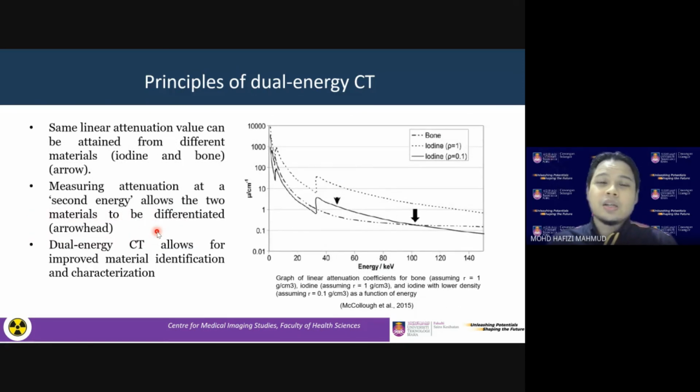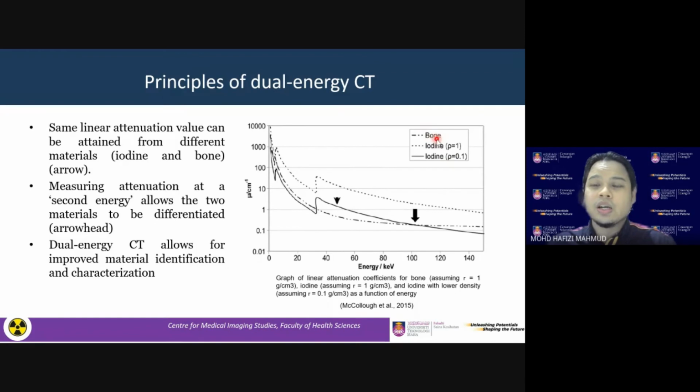This is the principle of dual energy CT, based on the linear attenuation coefficient. Based on this graph, you can see this is the linear attenuation, and this is the energy. For example, we have bone with high attenuation and high density, iodine, and another type of iodine with lower density.